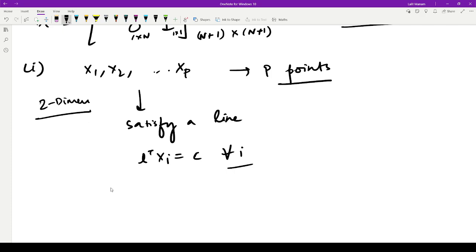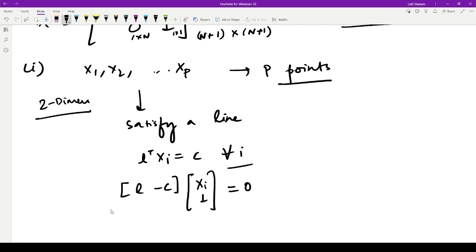So I can rewrite it in what way? If I want to write it in homogeneous coordinates, it will be L, minus C, dot product with xi, 1. Is it right? Does everyone agree with this?